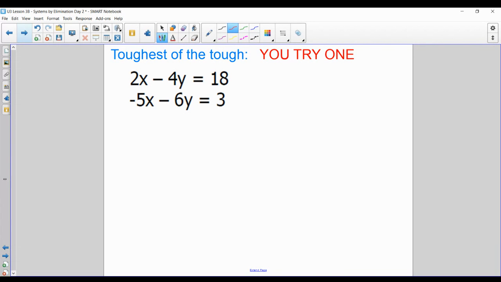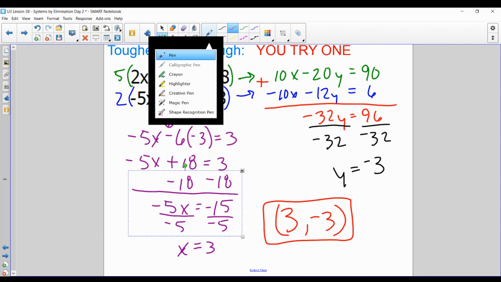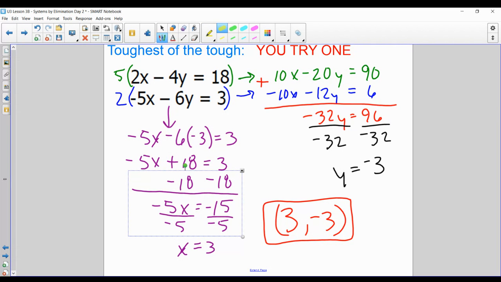So pause your video and try this one. Okay, so if you did this, take a look. I multiplied the top equation by 5, the bottom equation by 2 to create this pair of positive and negative 10. When I solve it, I got a solution of 3, negative 3. That's the point where the lines are intersecting.